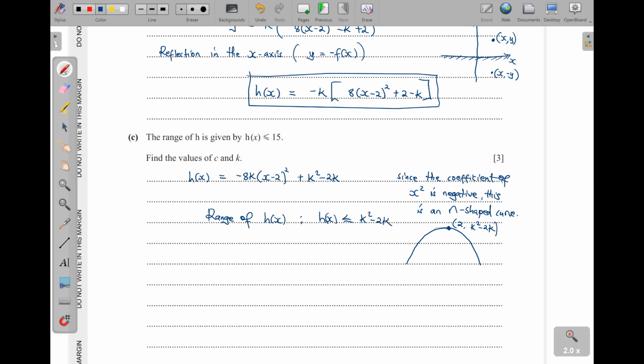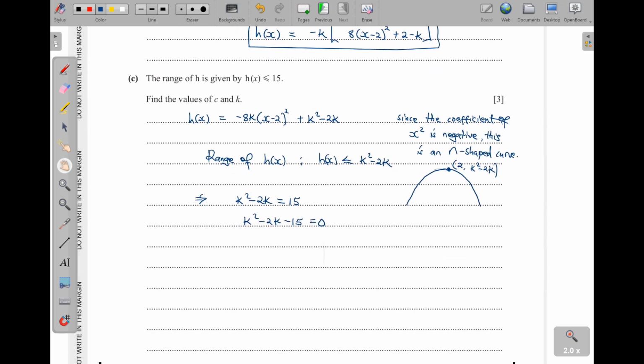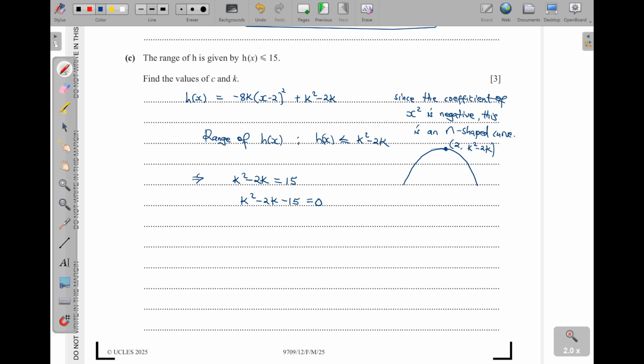You see that? So this therefore implies that I'll get this 15 and I equate it to this one. So we shall have k squared minus 2k equal to 15. When I bring this one here, it will be a minus. Two numbers, when I multiply them, they give me negative 15, but when I add them, they give me negative 2.